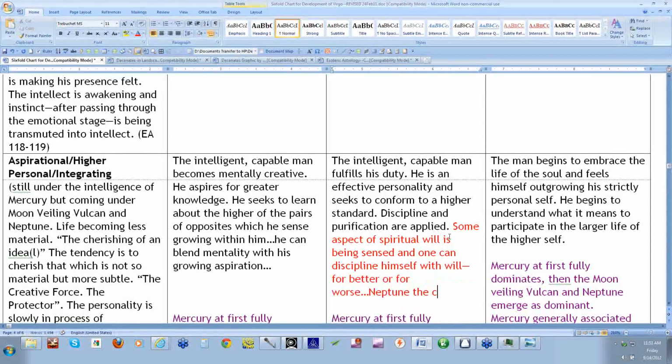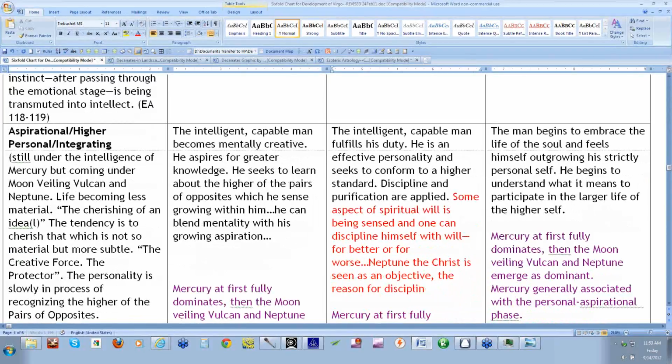Neptune, the Christ, is seen as an objective, the reason for discipline in the life of the aspirant. See, two types of stages are operating here when we're reversing the direction, and we're entering via the first decanate, let's say.